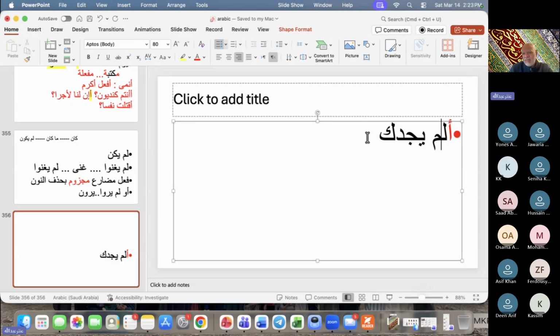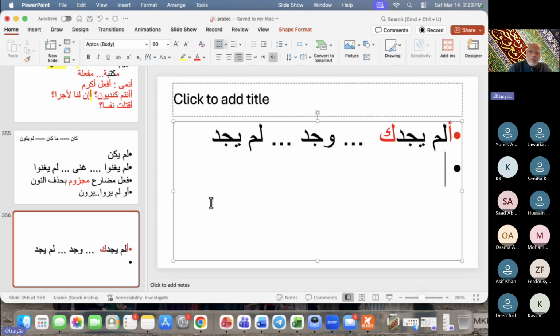So لم يجدك, this kaf means you. And the verb is وجد. The present of وجد is يجد. We put لم, so لم يجد. So now may be a good time to look at the markers of مجزوم.